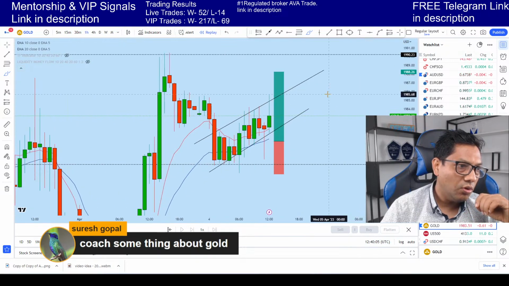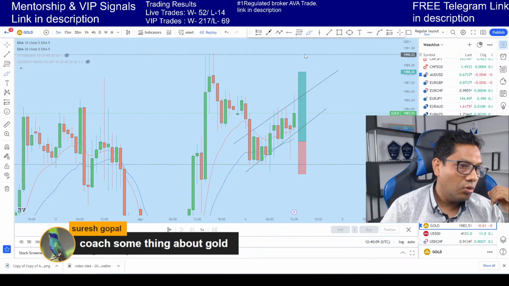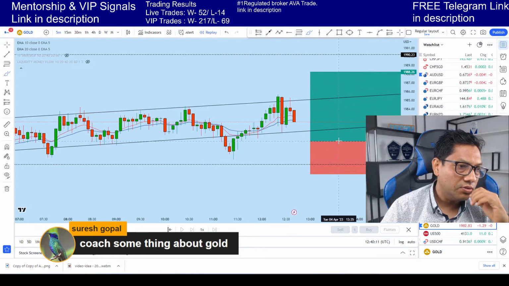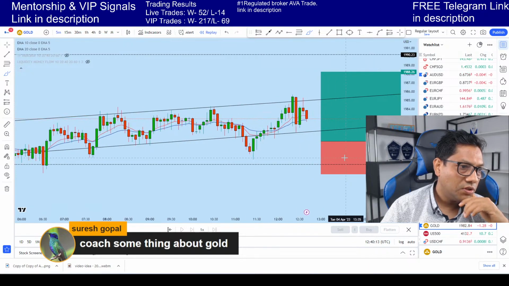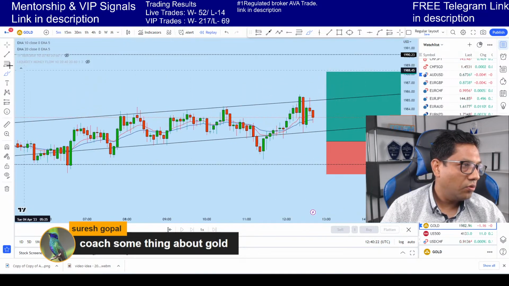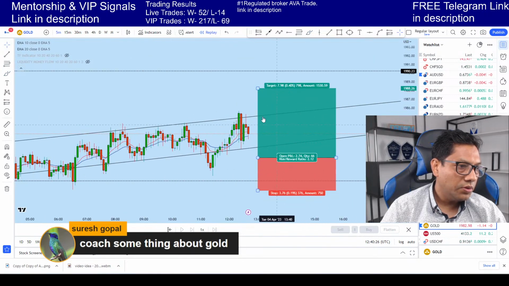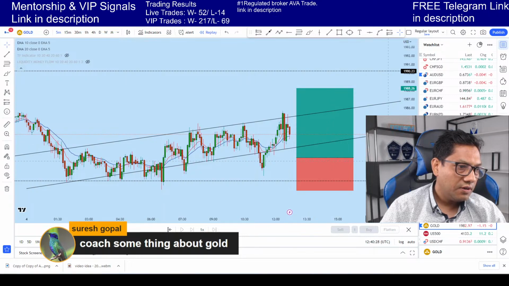Okay, we see that it creates a new higher high every time, which is a good sign for gold. So there is a doji that has formed on the top. I still would not close, because I want to take the full profit on it. So there is a doji created.